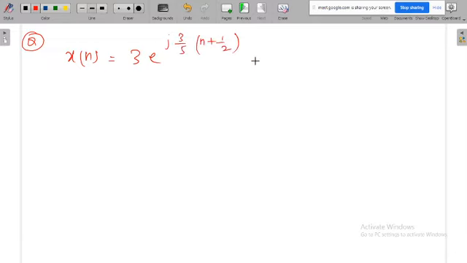Is it a periodic signal or an aperiodic signal? Anybody? Is it periodic or not periodic? Any answer?